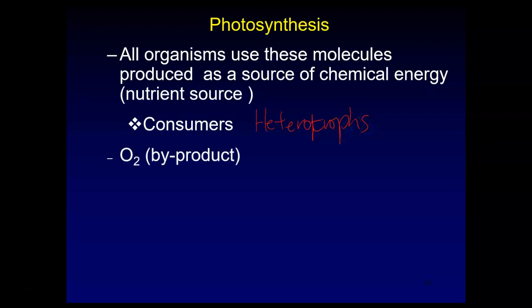Okay. Again, we mentioned oxygen. Oxygen is a byproduct of that reaction. Oxygen helps keep all of our cells alive. Oxygen also is responsible for fueling cell respiration, and oxygen is also a part of our ozone layer. It helps protect us from the harmful UV rays from the sun.